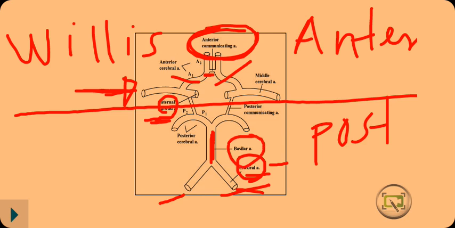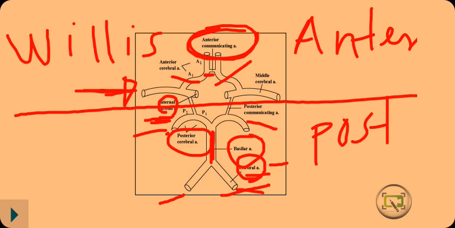The basilar artery will further divide into two. It will divide into the left and right posterior cerebral arteries, which are here.